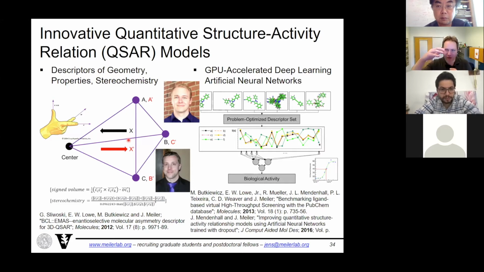The larger the volume, with opposite sign, defines the largest triangles in your hand. Are they left or right from the center of mass? And that is a geometric parameter of stereochemistry that a neural network can understand. And then we can use these types of descriptors to train our machine learning algorithms.